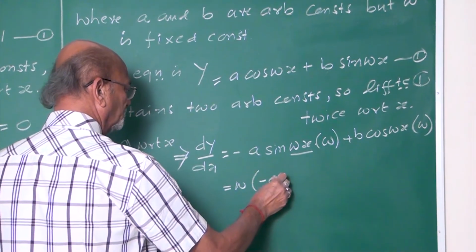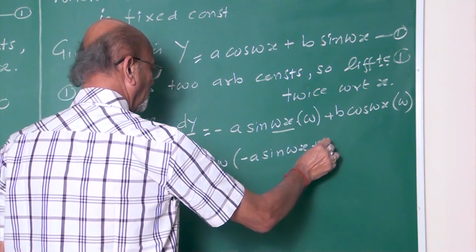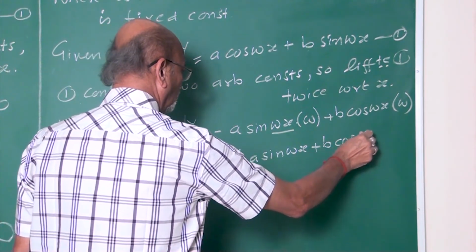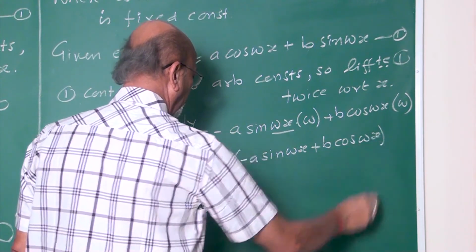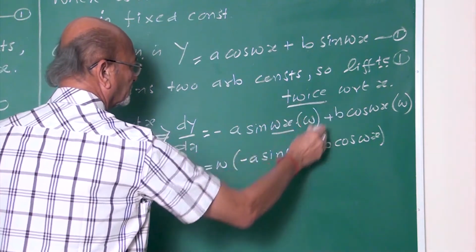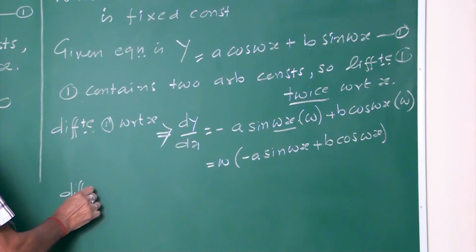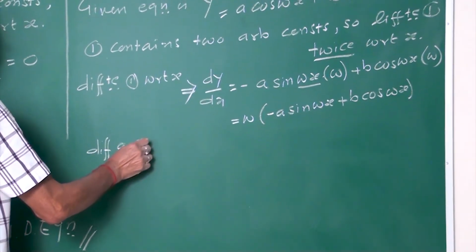This is omega times (minus a sin omega x plus b cos omega x). This is once, but you have to differentiate twice.